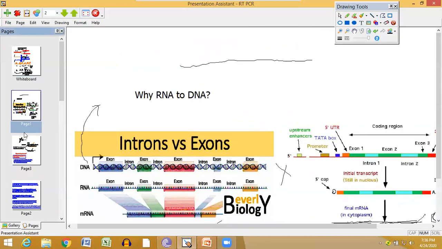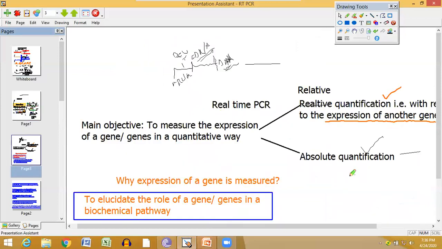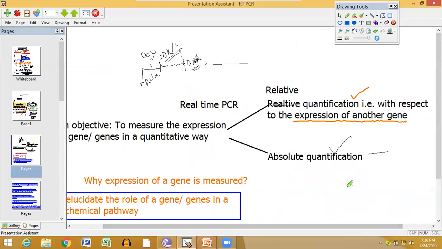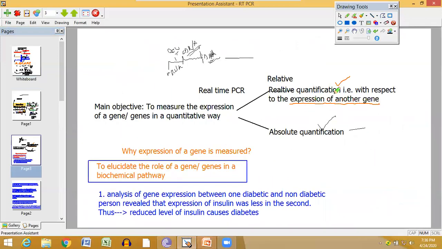But normally we prefer relative quantification, not absolute quantification, because we always want to compare one gene's expression with another.